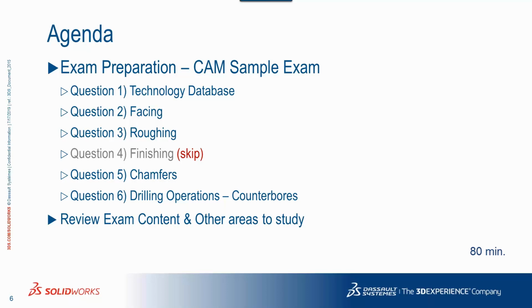It's very similar to roughing. We're just going to go ahead and skip that question due to time restrictions, but you'll be able to get the gist of the majority of the content from the other 5 questions. And then we'll review the content of the exam at the end and other areas worthwhile for you to study.